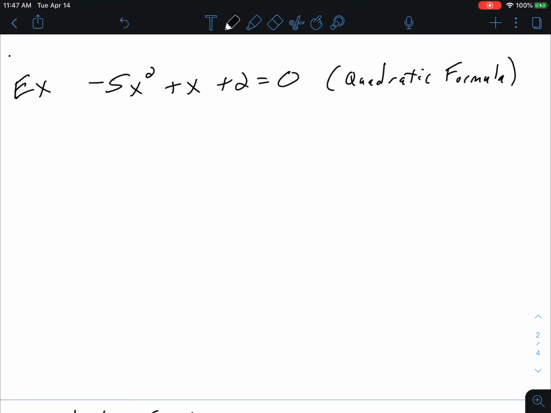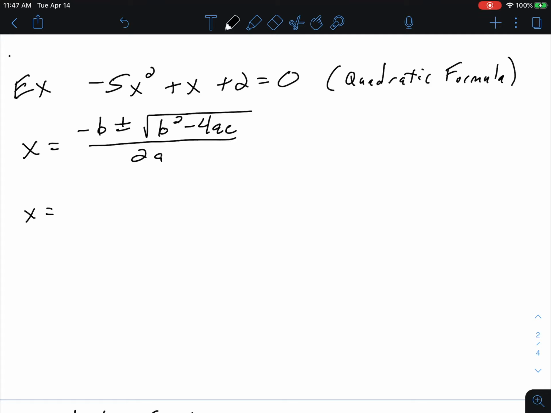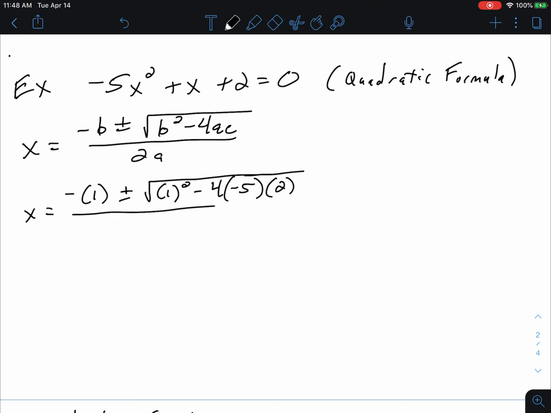You can use other methods, but I think the quadratic formula is probably going to be the easiest to get you there. So remember, that's -b plus or minus the square root of b squared minus 4ac, all over 2a. Make your substitutions. b is a positive 1, so -b plus or minus the square root of b squared minus 4 times a, which is -5, times c, which is 2, all over 2 times a, which is -5.